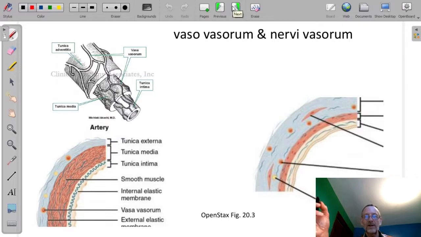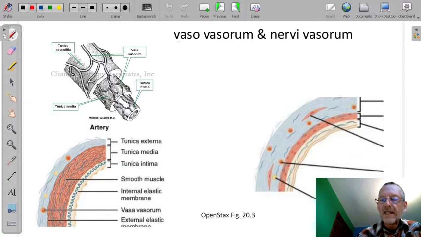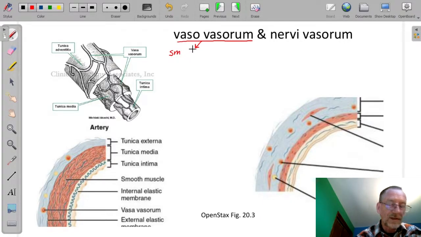Last figure in this short little section is the idea of vasa vasorum and the nervi vasorum. And all this is getting at, the idea here is that the vasa vasorum is simply the small microscopic blood vessels that supply the smooth muscle of the blood vessel walls, particularly arteries that have thicker walls.